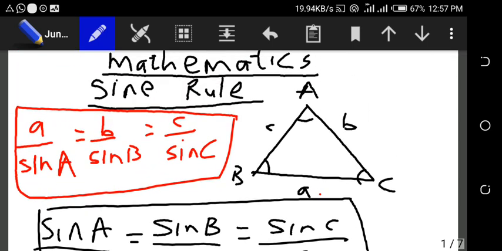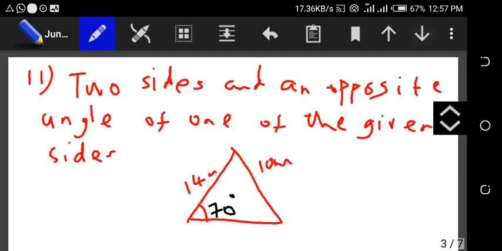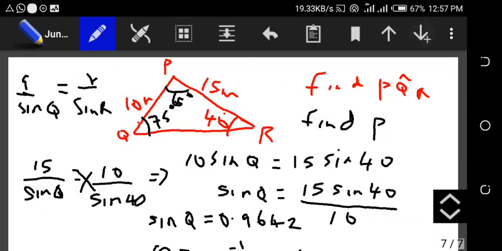So go over the video and try to see how that works. I'm going to give you some practice questions. Try to find the missing sides in the given diagrams.